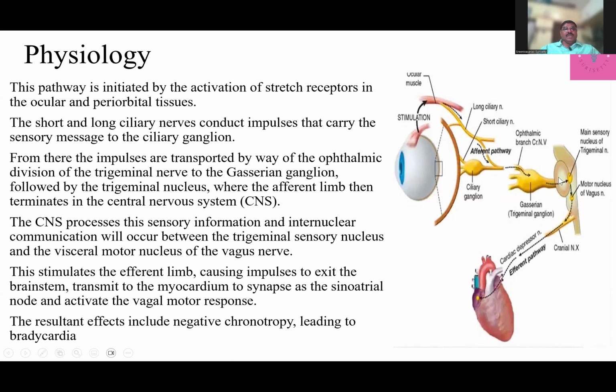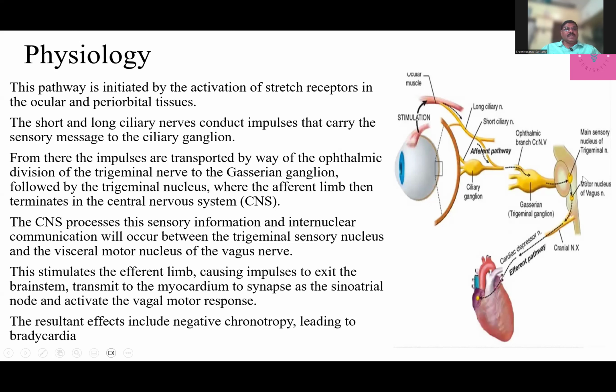In the CNS, the sensory information is processed through internuclear communication between the trigeminal nucleus and the visceral motor nucleus of the vagus.